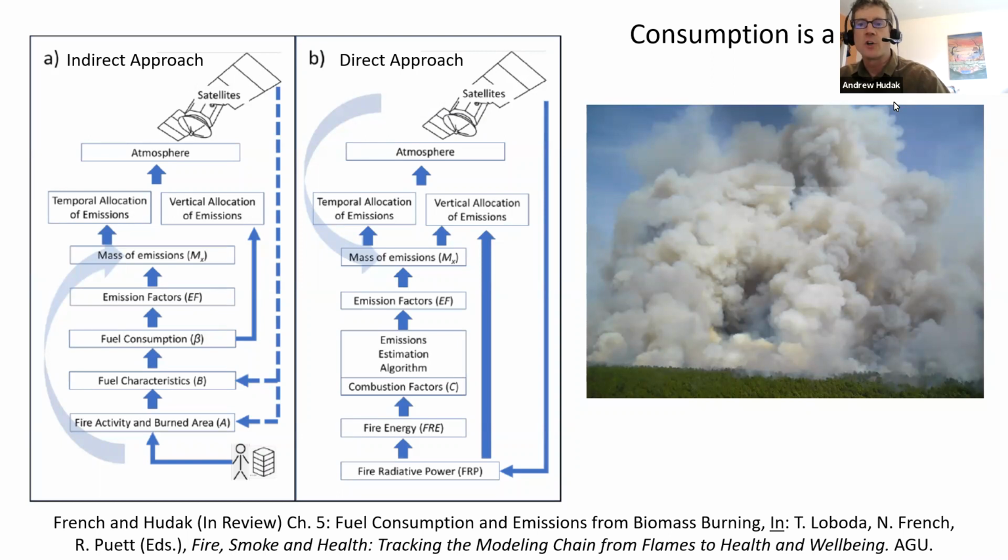Whereas the direct approach, we're actually using active fire measures. So as it's happening, we are inferring consumption from the amount of energy release. Because consumption is a process, that's actually a more direct path to estimating it. But all of these different methods have their own advantages, but also their own challenges for measurement. And that makes quantifying consumption actually quite challenging.